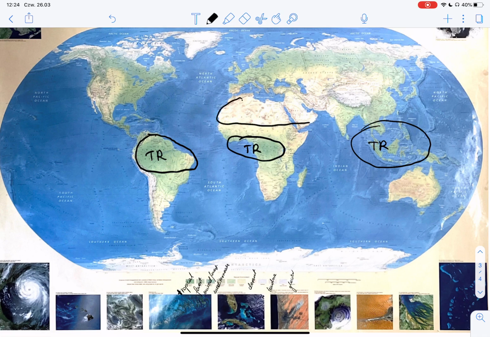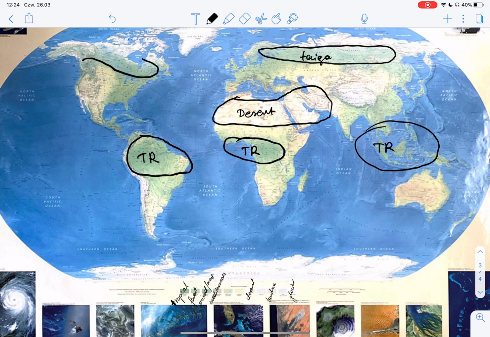Here we have a desert, a long stripe of deserts that basically belongs to the stripe of tropical climates. Here we have a huge stripe of taiga, which are basically trees, not deciduous ones, but the ones with needles. So spruces, so pines. The same thing happens in here, taiga.